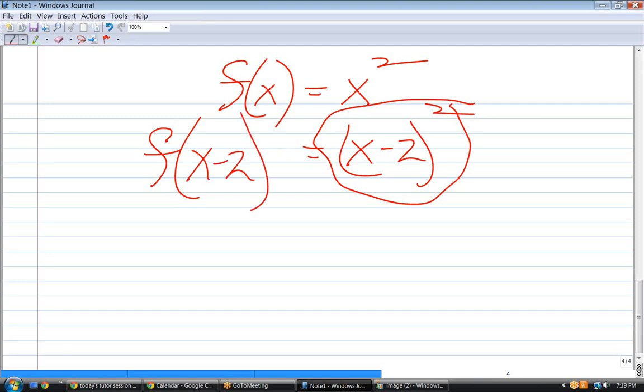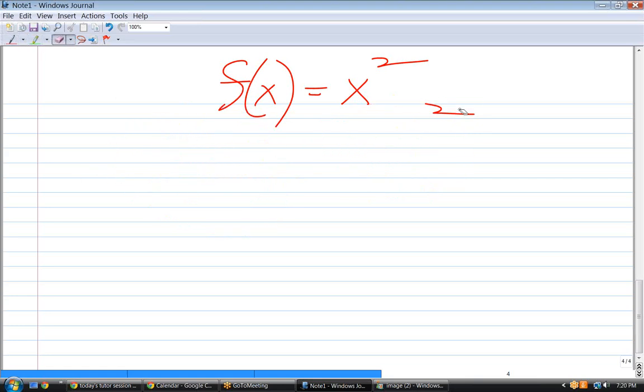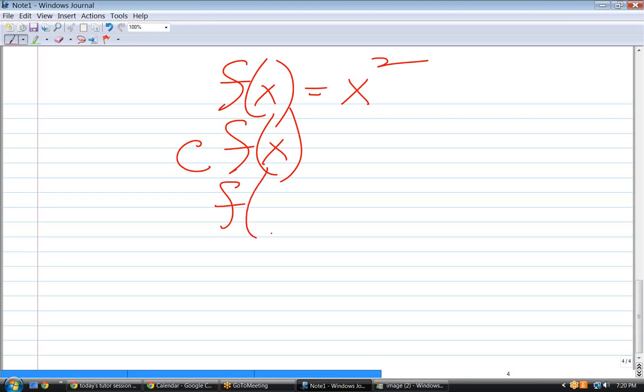Yeah. Well, this tells me horizontal translation 2 units to the right. So if you can take the function and put it back into this type of notation, well, you only have a certain number of things that you can do. You can do c times f of x. That's a vertical stretch. You can do f of some number times x.